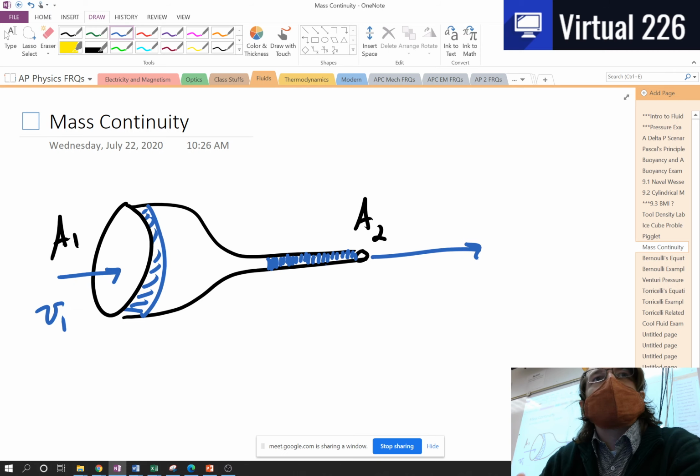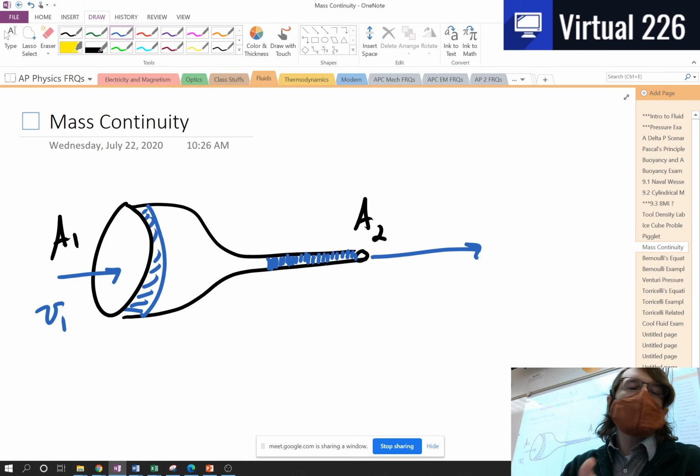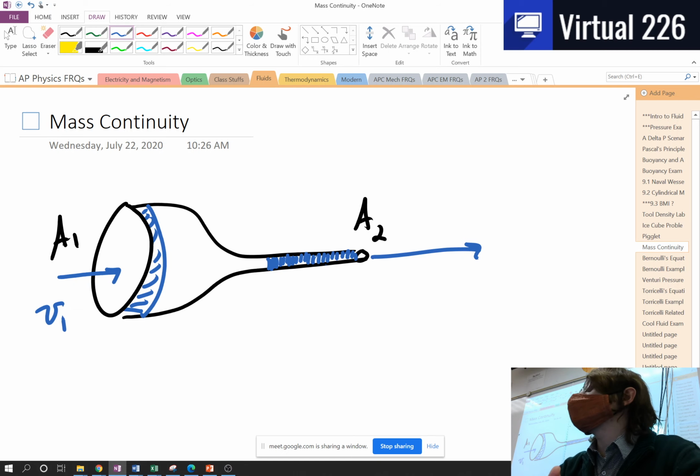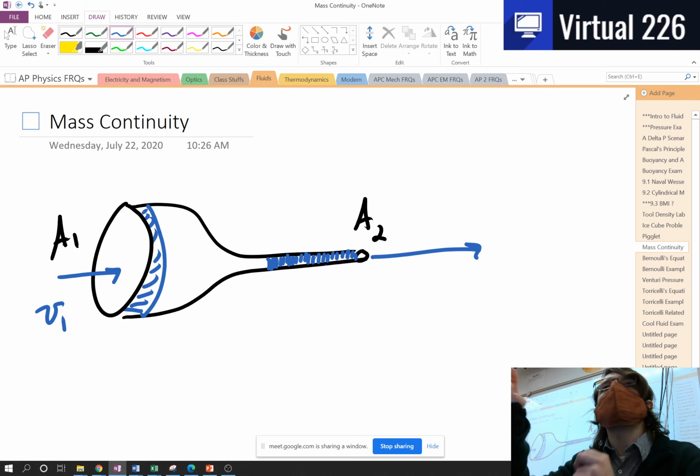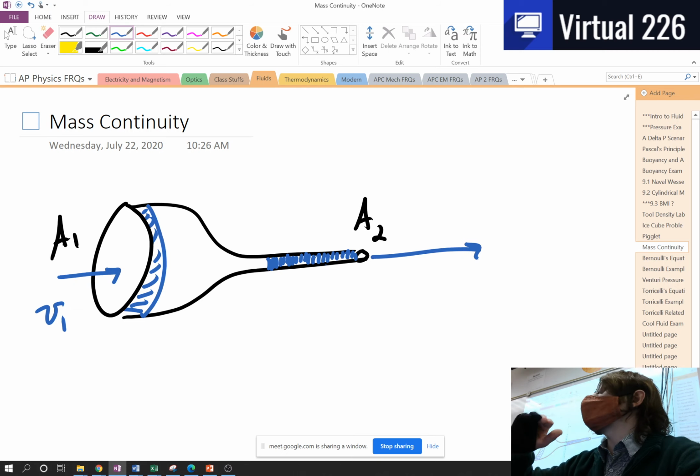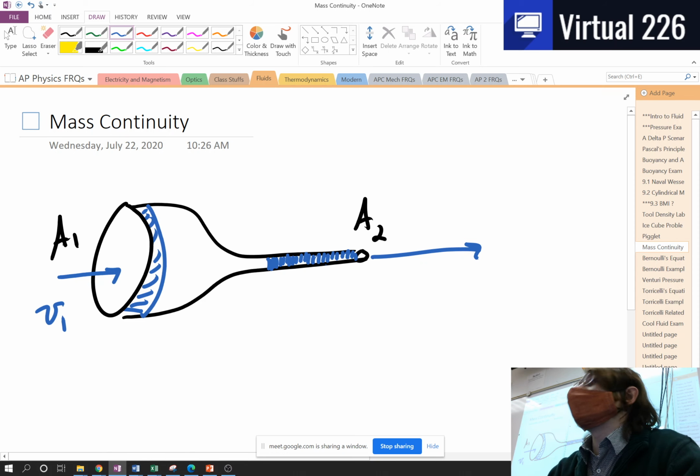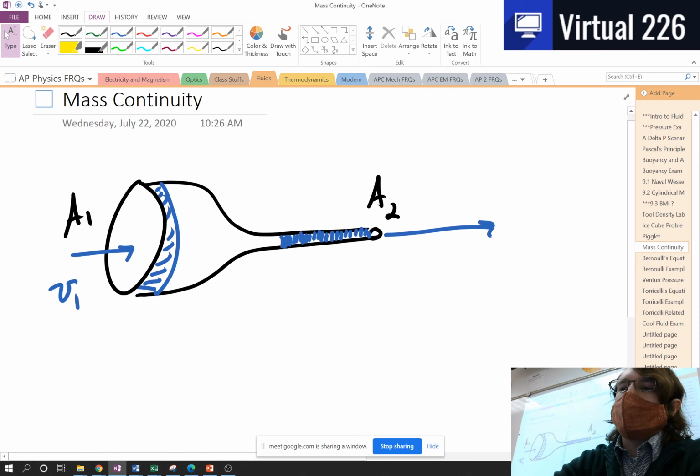It's just mass continuity. We're going to set this up so that this mass continuity is going to work for fluid flows, and we're going to see how it relates to velocities. Because when you put your thumb over that spigot, the water shoots out farther because it's going faster. So we're going to see how this all relates here.